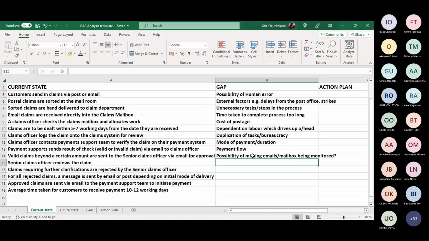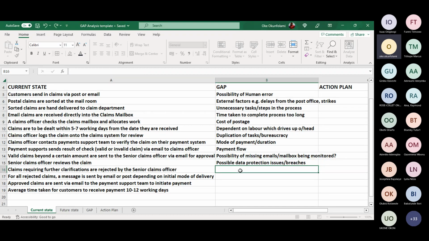Take, for instance, something happens, someone else gets the postal sent to a wrong address, thereby exposing the person's details. What do they call that in data protection? GDPR. Data protection breach or something. GDPR. Okay, thank you. So let's make that a complete sentence to say possible, because it doesn't mean that it must happen, but that's a possibility. There's a risk there.